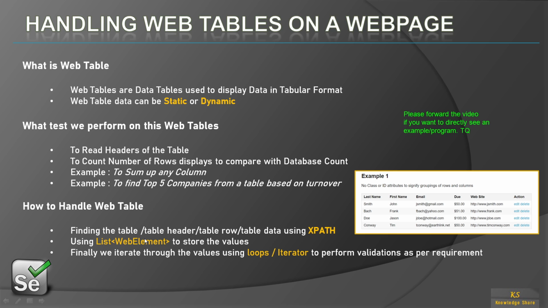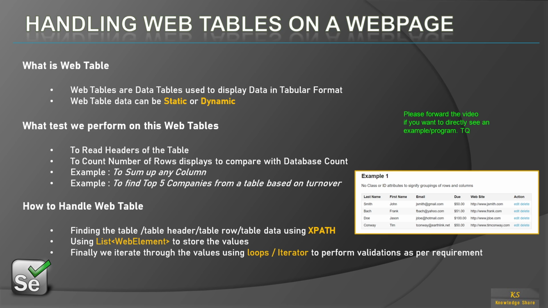So basically how to handle these web tables? To handle web tables you need to be perfect with XPath mainly, because you have to do some iterations and multiple elements are captured that you have to iterate. If you want to learn more on XPath, just watch my previous video on XPath so you will get some hands-on to work on these web tables.